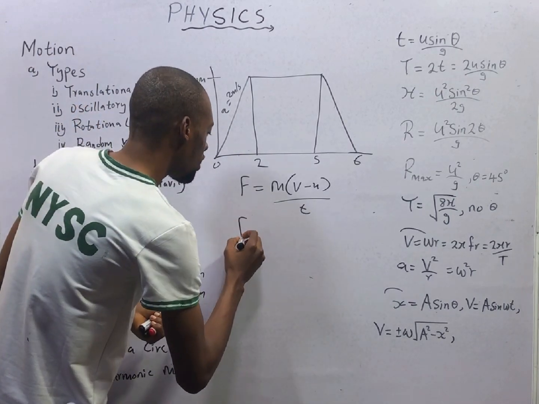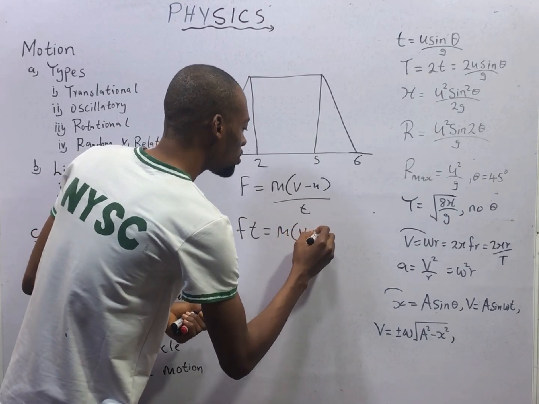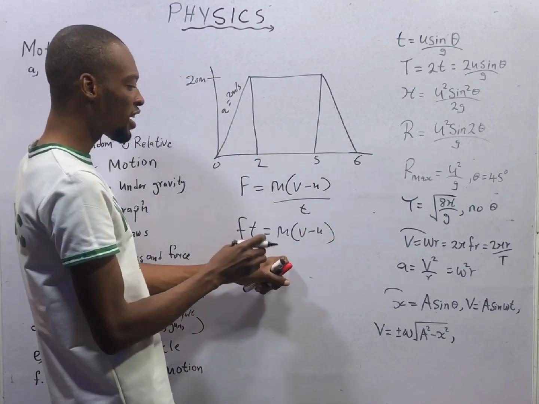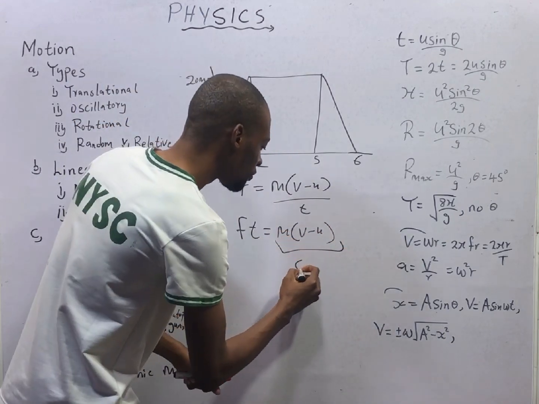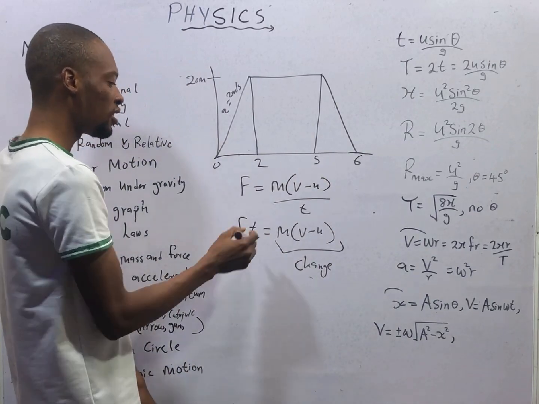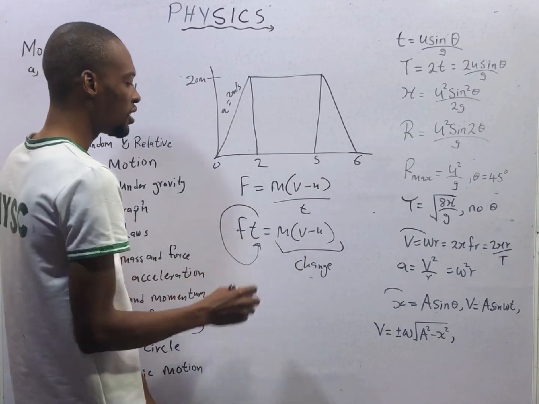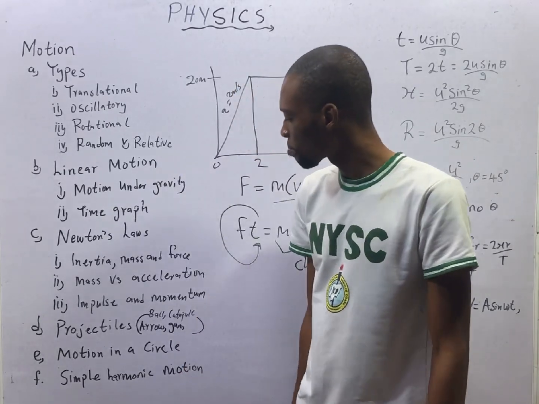You agree with me that mv minus mu is change in momentum, and change in momentum is impulse. So Ft is impulse, and it is change in momentum.